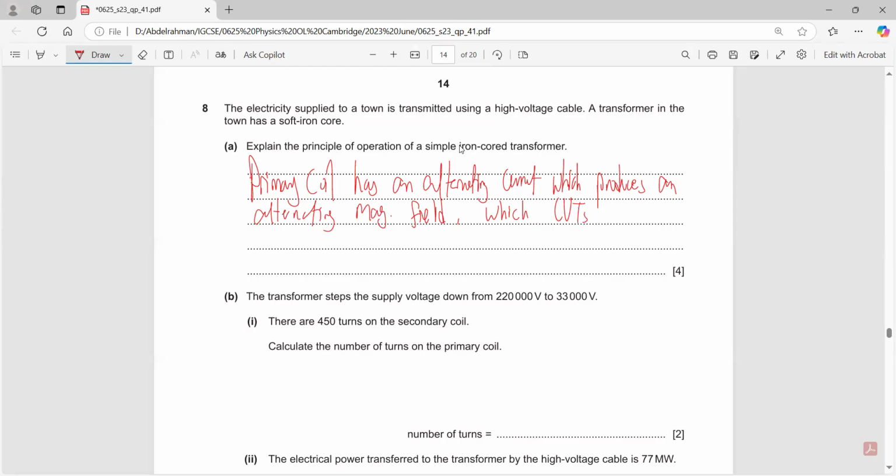You have to say it's cutting. Producing an alternating induced EMF and current. Okay? Not too difficult, is it?